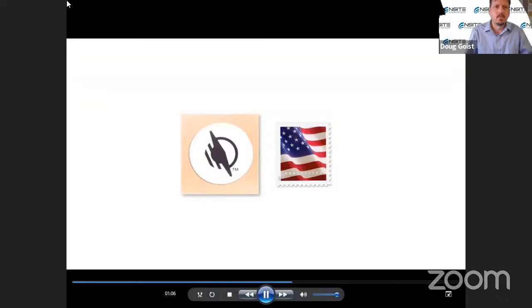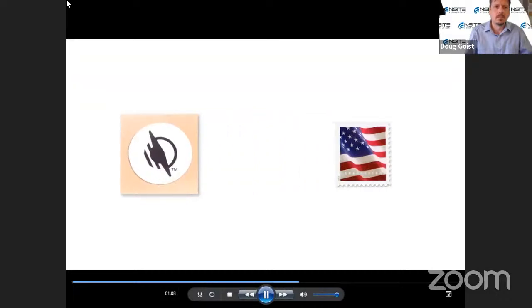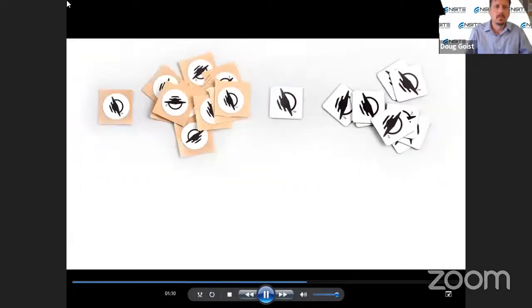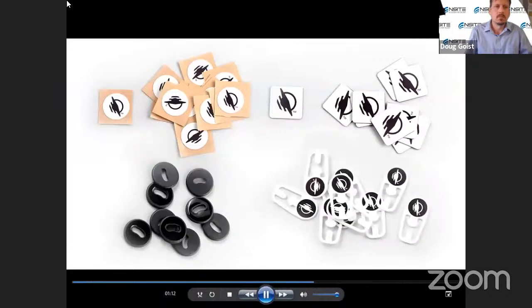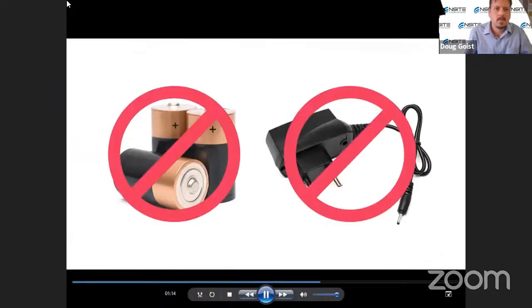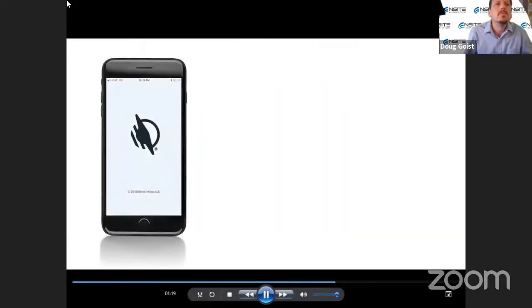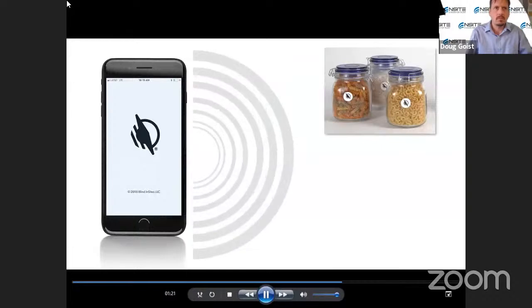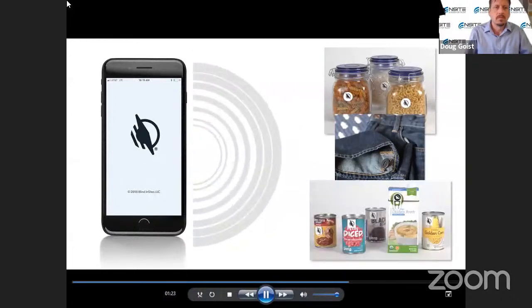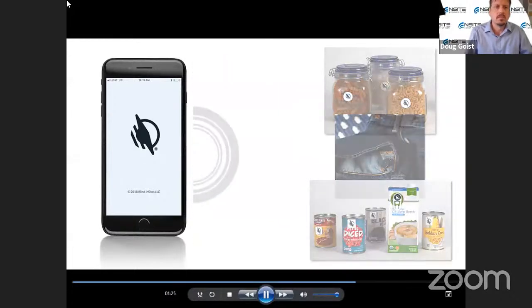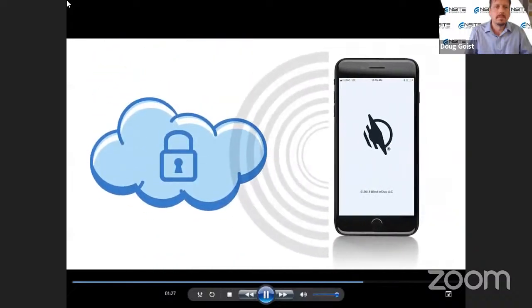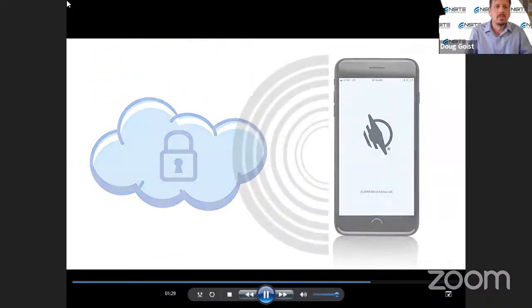Way tags are about the size of a postage stamp, and they come as stickers, magnets, buttons, and clips. They don't require any batteries or charging, and there's no fussy camera required to scan them. Way Around leverages a powerful wireless technology that is affordable, secure, and easy to use. Your information is stored and automatically backed up in the cloud.